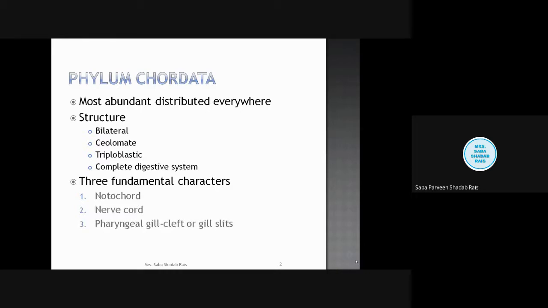You have to remember that, by heart, because in semester 6 we are going to deal with the vertebrates. If you forget these three fundamental characters, that means you have learned nothing in paper 1. Is that clear? This is the fundamental of your paper 1: notochord, dorsal nerve cord, pharyngeal gill slit.